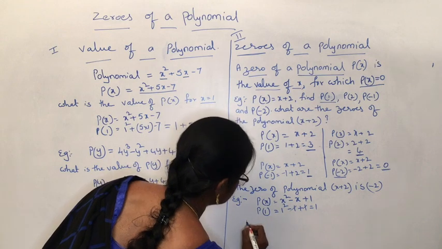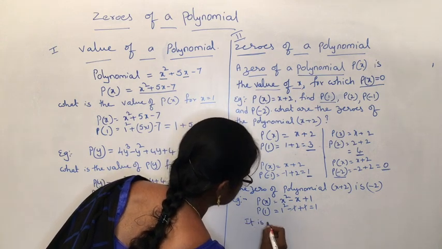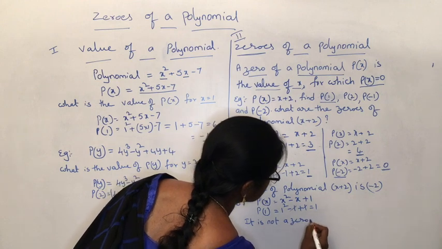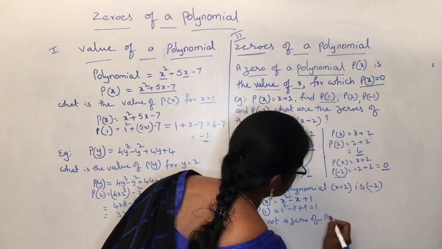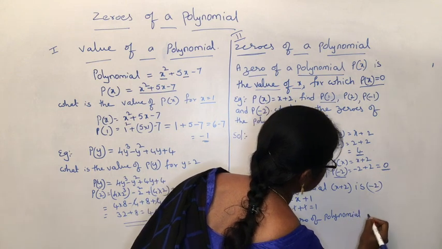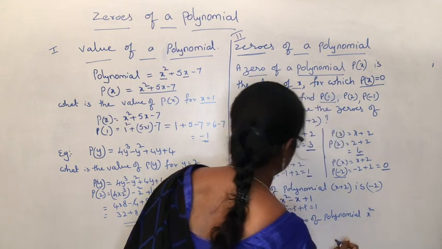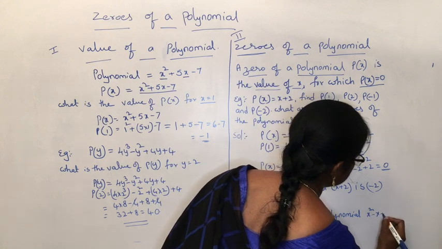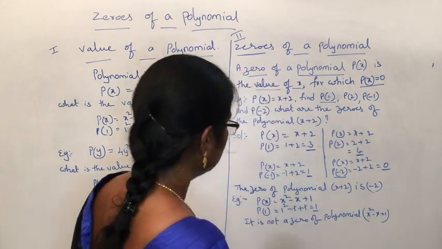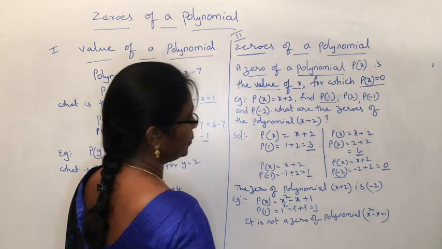It is not a zero of the polynomial x square minus x plus 1, because the answer is 1. We did not get 0, so it is not a zero of the polynomial.